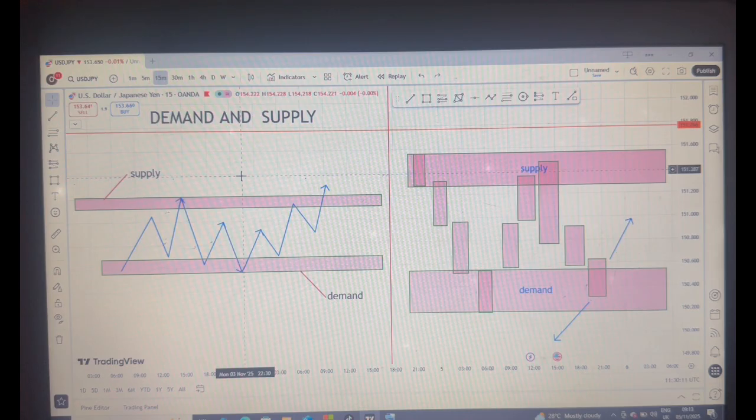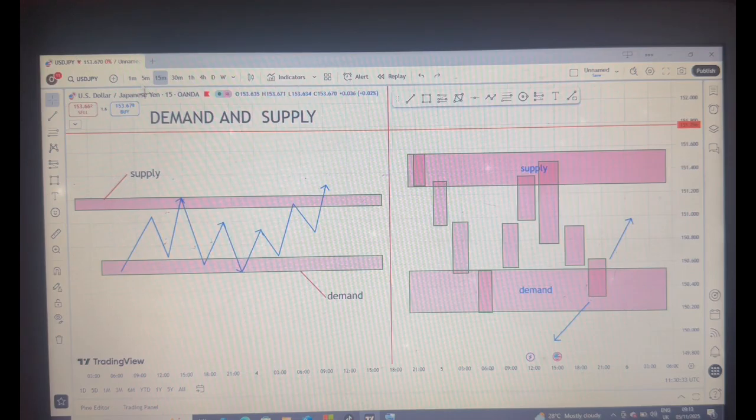You can mark it as support and resistance in price action, but when talking about ICT, you can't call it a demand or supply zone. The demand supply zone must have imbalance, a fair value gap. It must break a structure either to the upside or to the downside. That's how to mark your demand and supply zone.